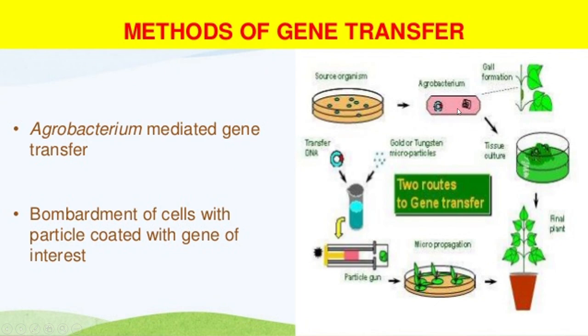In this one you can see Agrobacterium mediated gene transfer. You take leaf samples and then transfer the insecticidal crystal protein genes from Agrobacterium to the leaves directly, and you get the plant. Another one is the particle bombardment method.